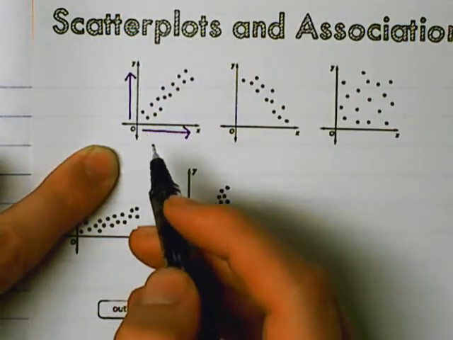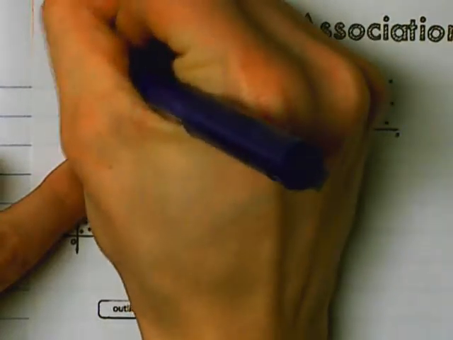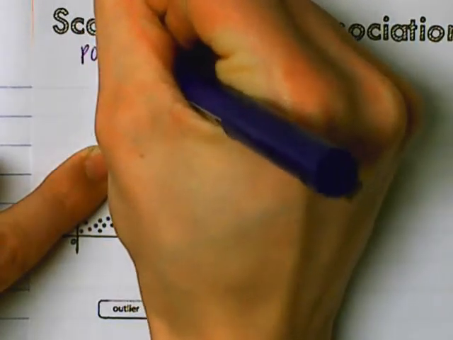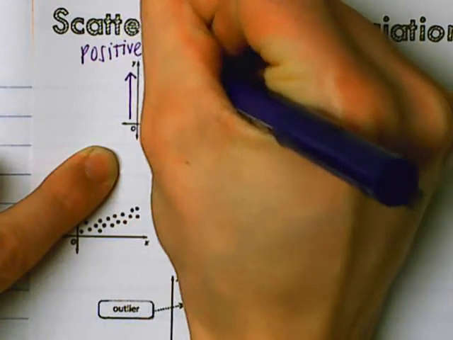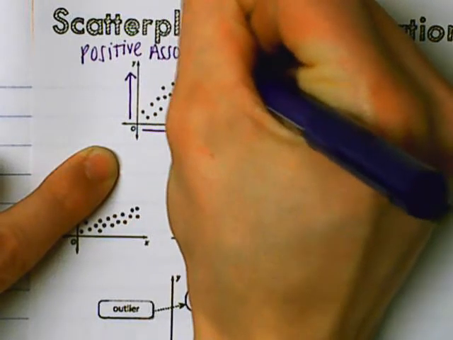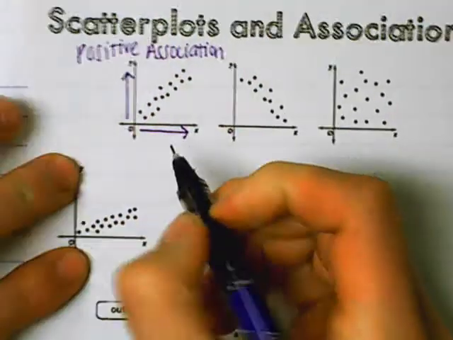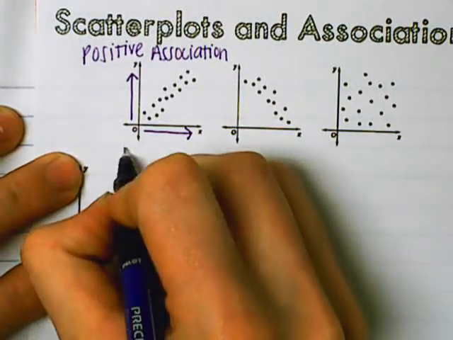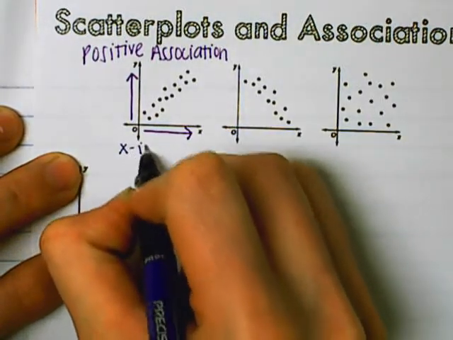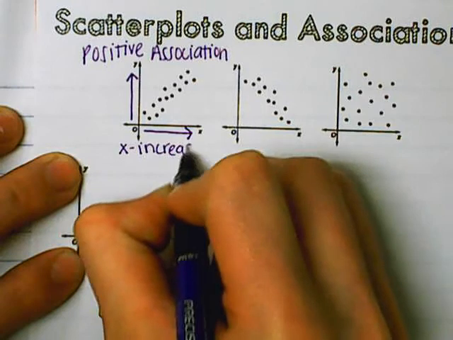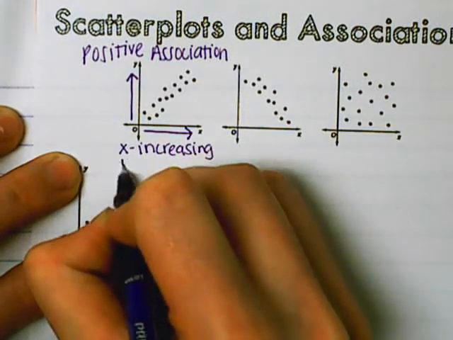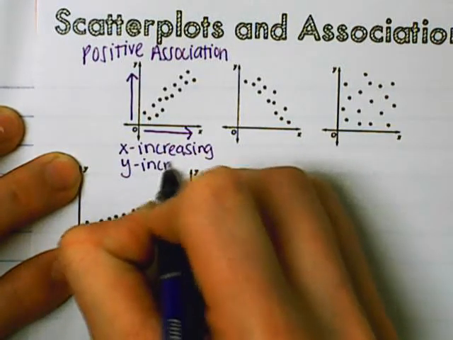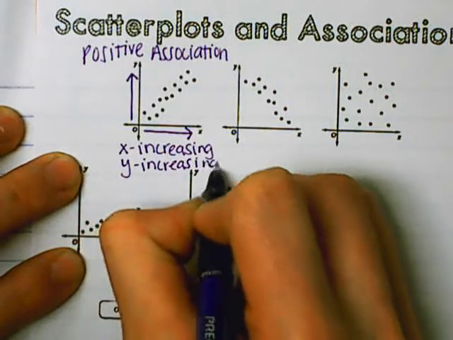These are both positive. This is a positive association. So we know it's a positive association if x is increasing and y is increasing.